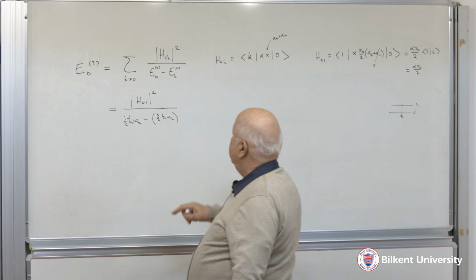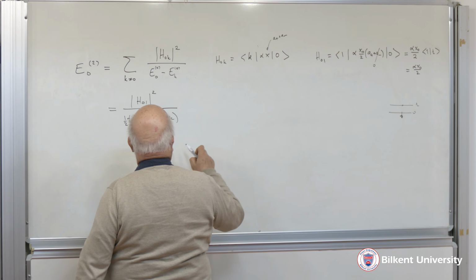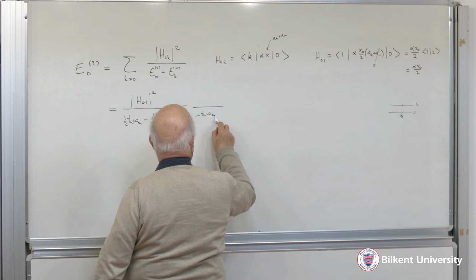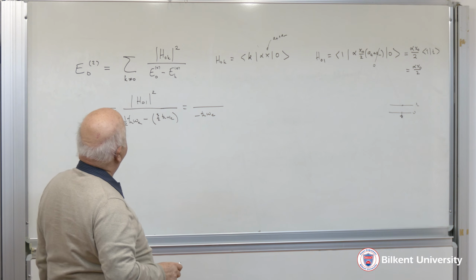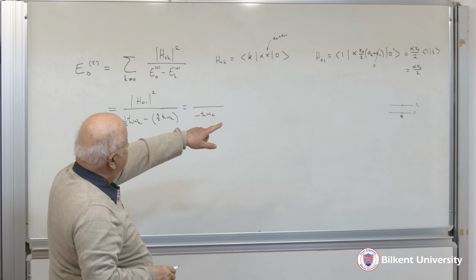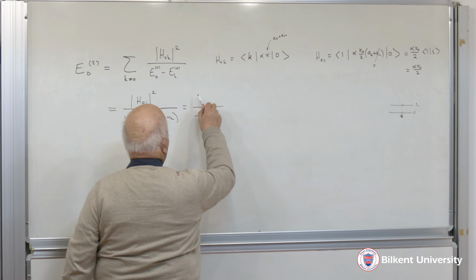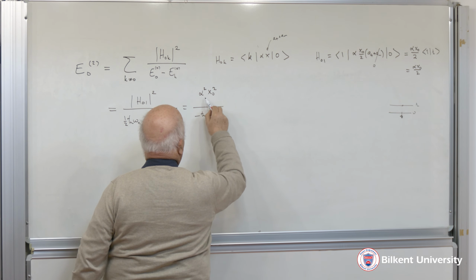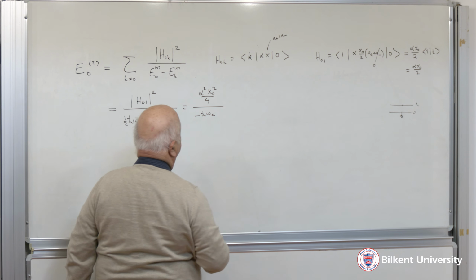So we are going to get a negative result, minus h bar omega c in the denominator, and in the numerator the square of this, which is alpha squared x0 squared over 4.